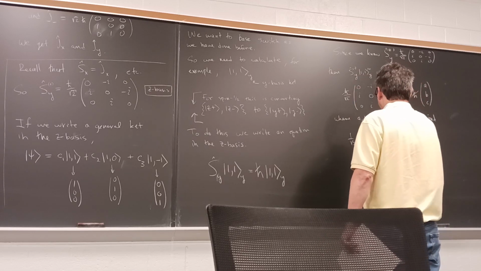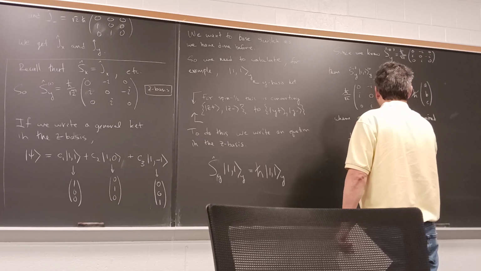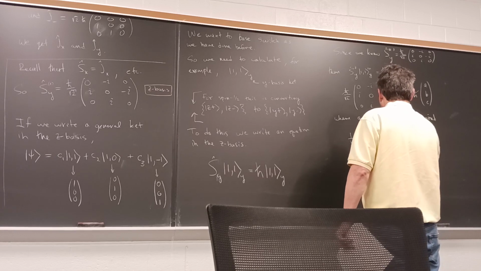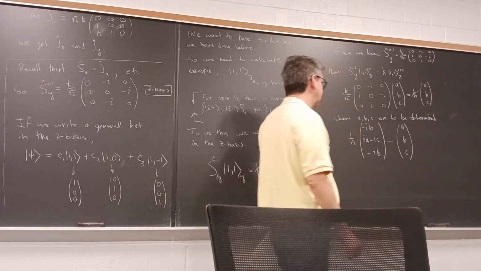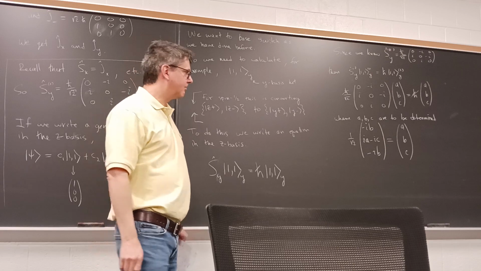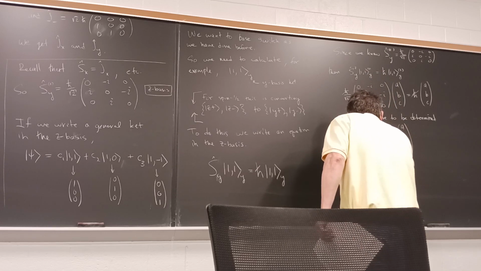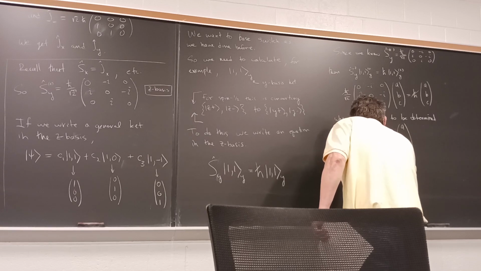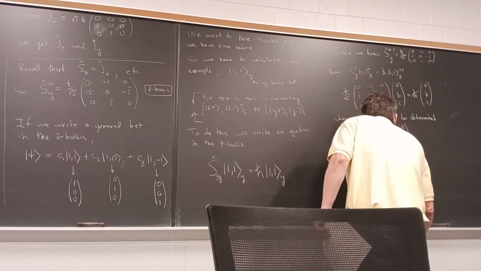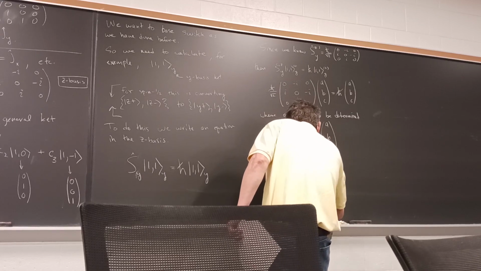If I go across and down, I'll get minus I B, and then in the second line I'll have I A minus I C, and then in the bottom line I'll have minus I B. And this has to equal A, B, C. So just equating these things, the top line gives us minus I over the square root of 2 B has to equal A. And then we'll have I over root 2 times A minus C has to equal B. And then the bottom line is minus I over root 2 B is equal to C.